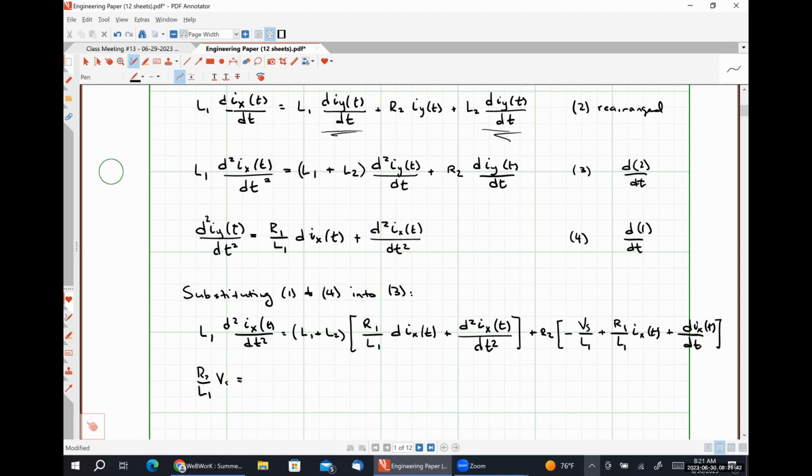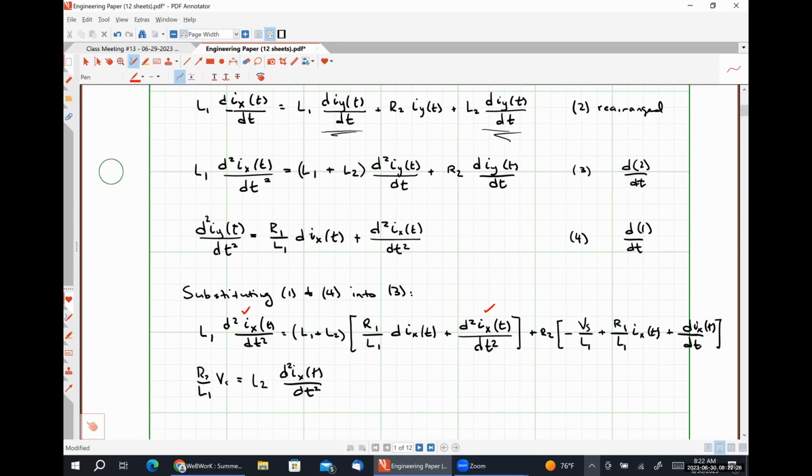So we have L1 plus L2 times our second derivative, and then we're going to subtract L1 times our second derivative. So that's just going to look like L2 times d squared Ix with respect to time. So that's taking care of this term right here and this term right here.